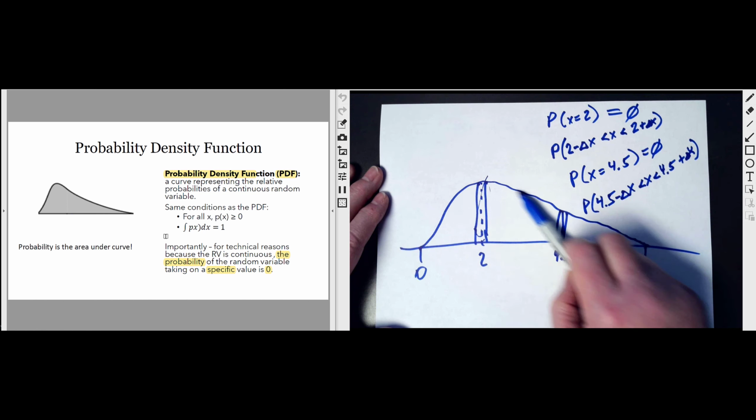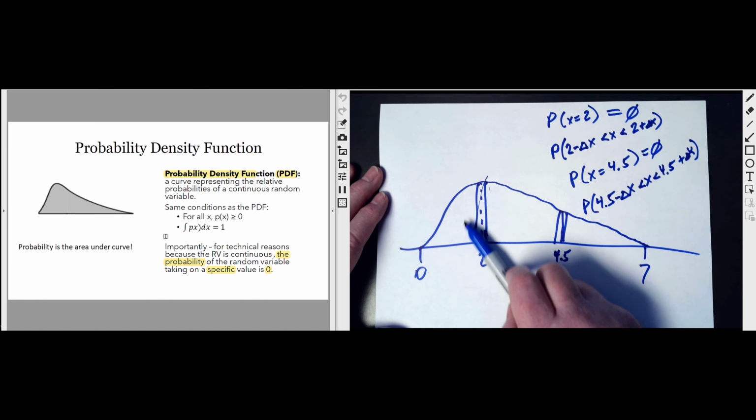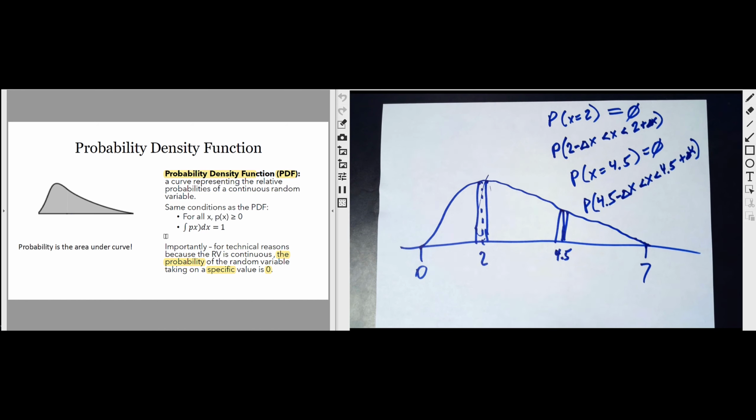So what the density is telling you is the relative probabilities of being near to the various values in the range.